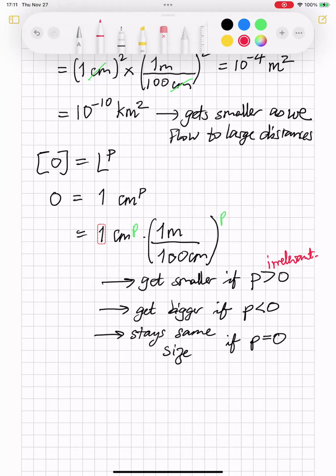When it's something that scales with an inverse of length, this parameter will grow. This is a relevant parameter. These are the parameters that we have to pay attention to. They're the major players, the things that are getting big. So these are the parameters that determine most of the physics of the low energy description. And if it's equal to 0, so things don't get bigger or smaller, then we say that these are marginal. And those are parameters which do not grow.